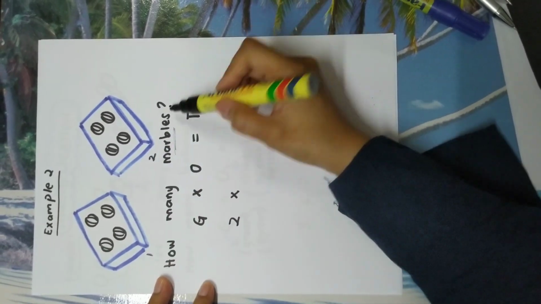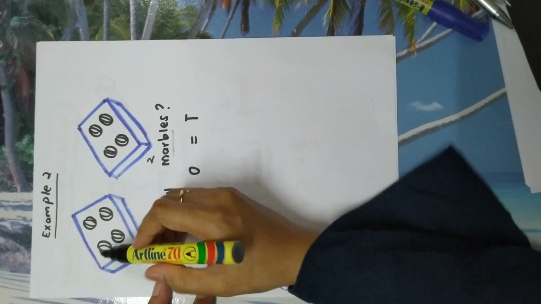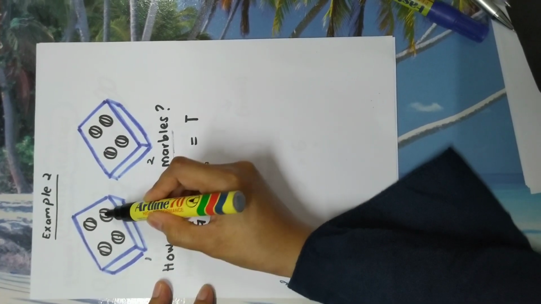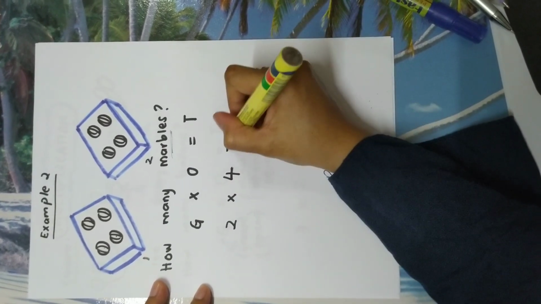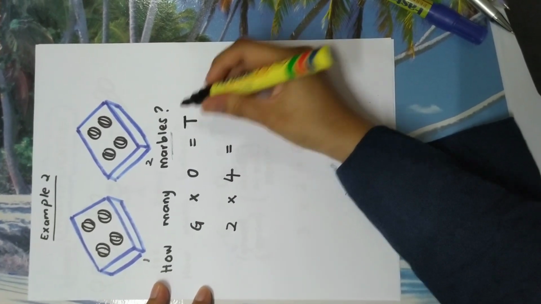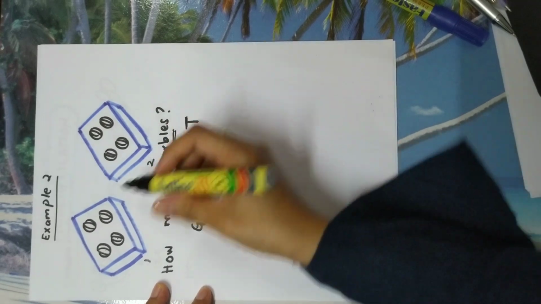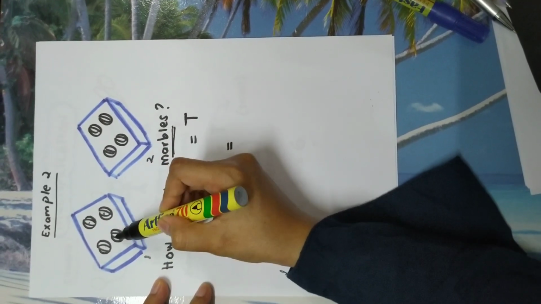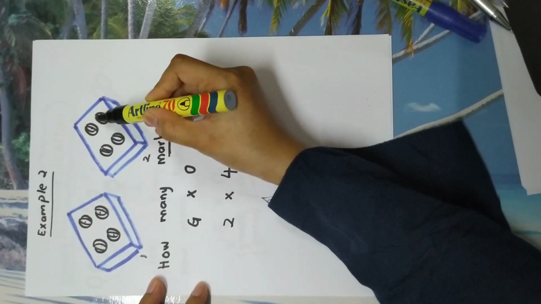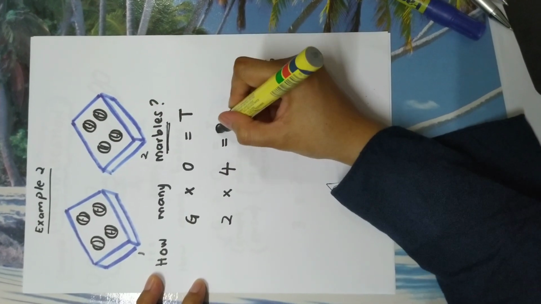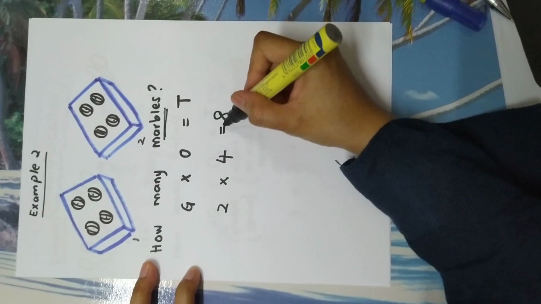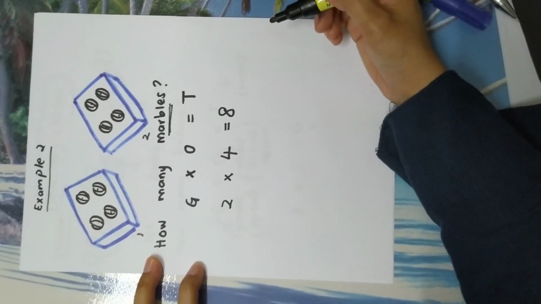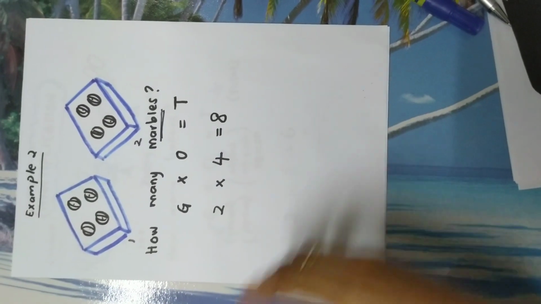So marbles here, each box has 1, 2, 3, 4. So times 4 equal to total. Total of what? Total of marbles. So 1, 2, 3, 4, 5, 6, 7, 8. So the answer is 8. 2 times 4 equal to 8. Okay, next.